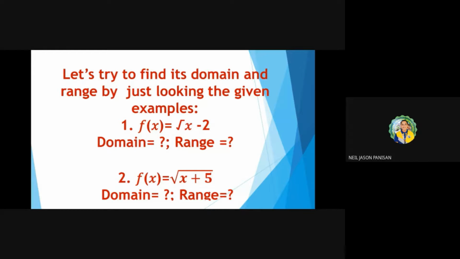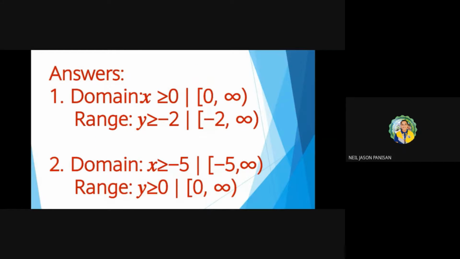So we replace x by 0. So the square root of 0 is 0. And 0 minus 2, the result is negative 2. That is why our range, or the value of y, is from negative 2 and going to the right or positive infinity.